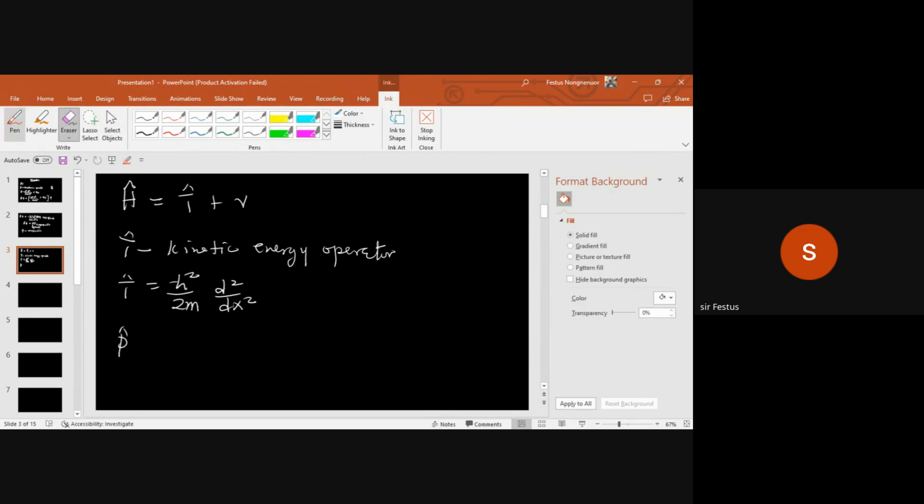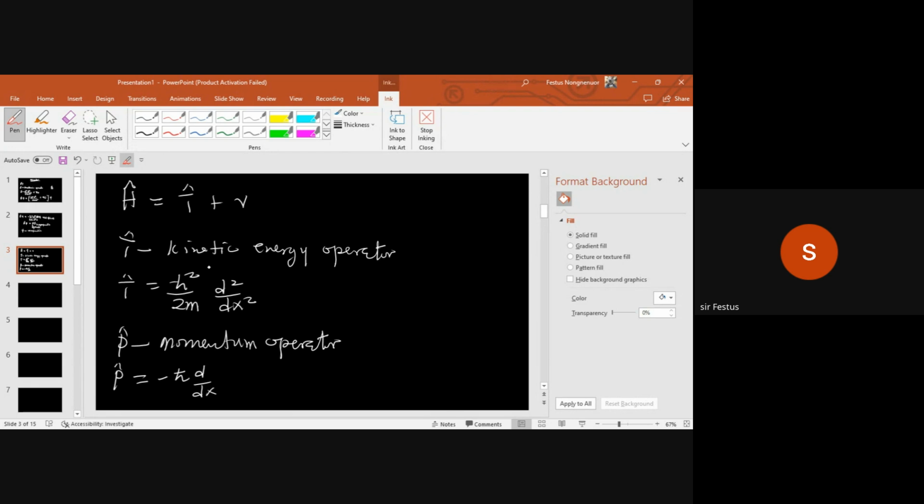So P cap is the momentum operator, and this is defined as minus h bar d/dx. So this is how we define the momentum operator.